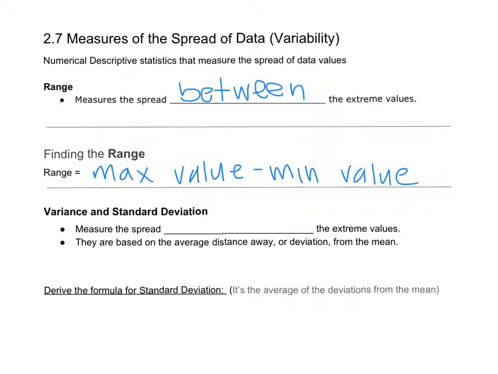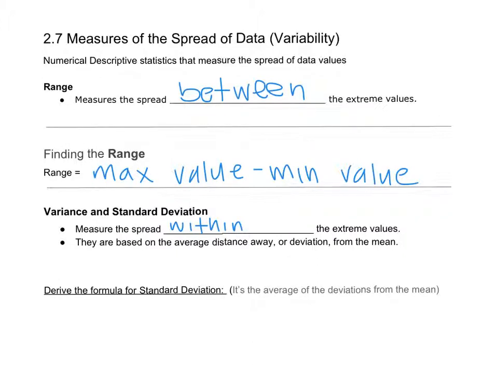Two other measures of variability are variance and standard deviation, and these measure the spread of the data values within the extreme values. Specifically, they are based on the average distance away, or deviation, from the mean value.